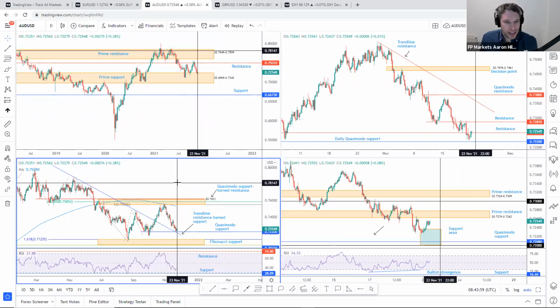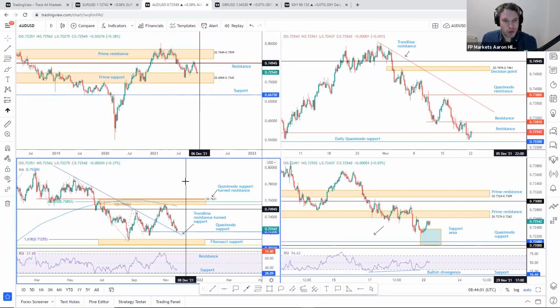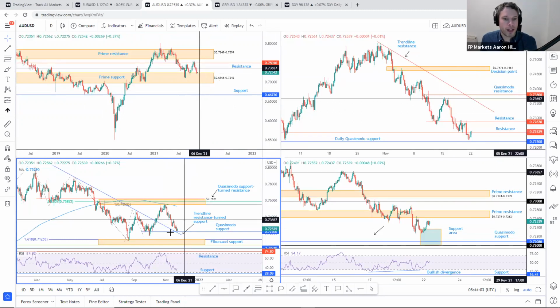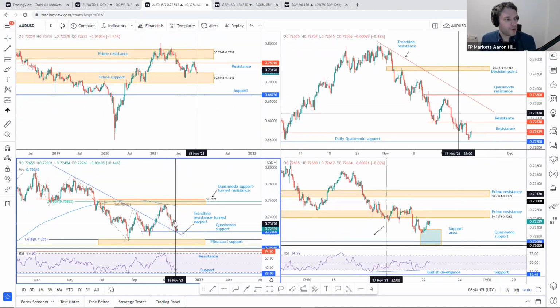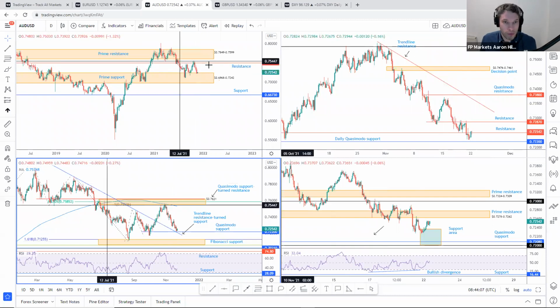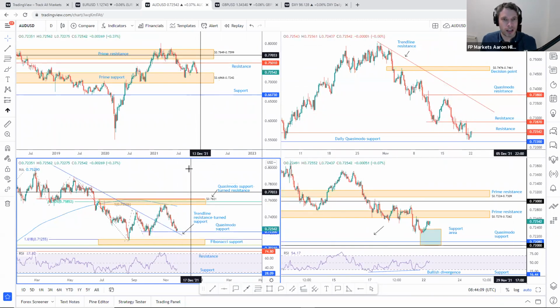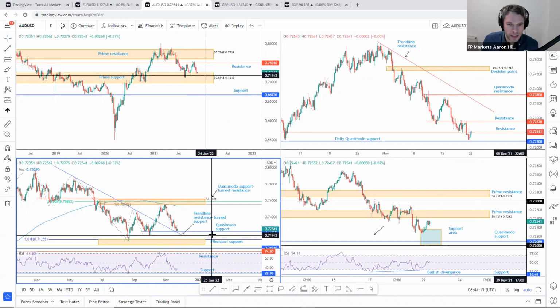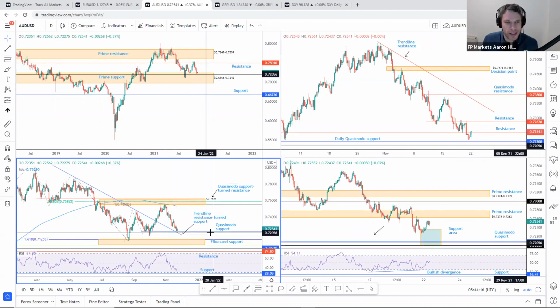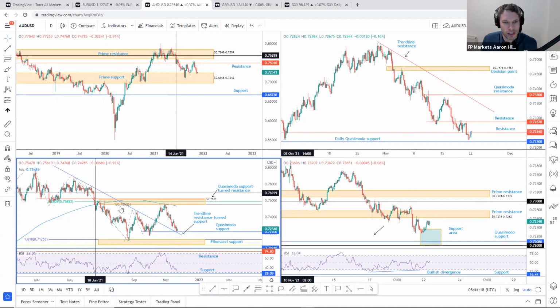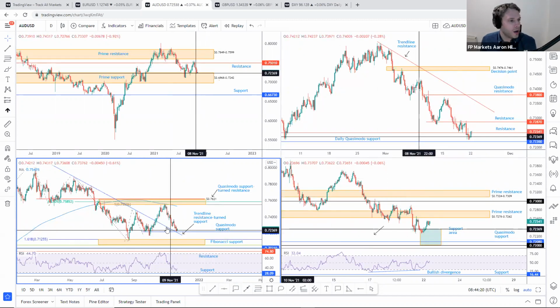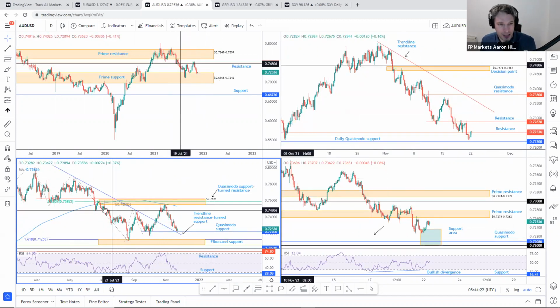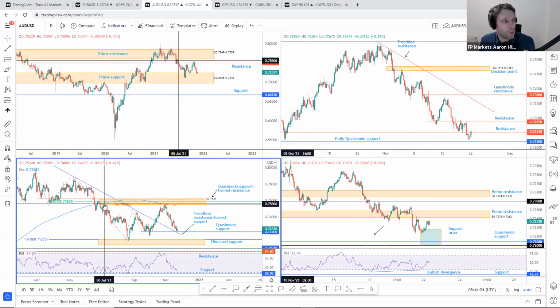Now, onto the daily time frame, we can clearly see technicals are attempting to embrace the idea of moves higher from the weekly prime support in the form of a Quasimodo support at 72.20 and a trendline resistance turned support, which is etched from the high 78.91.